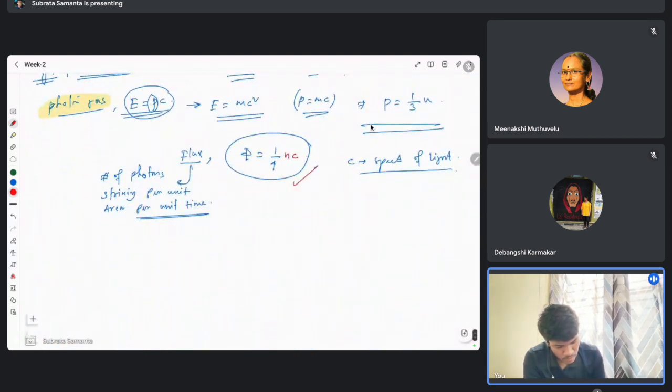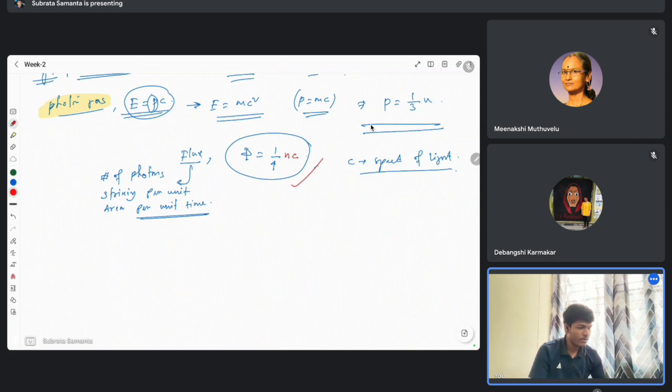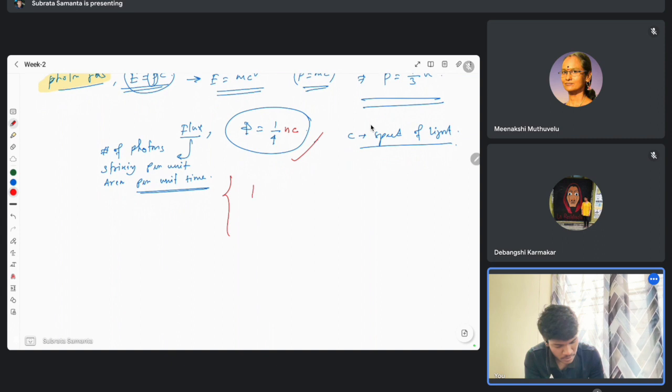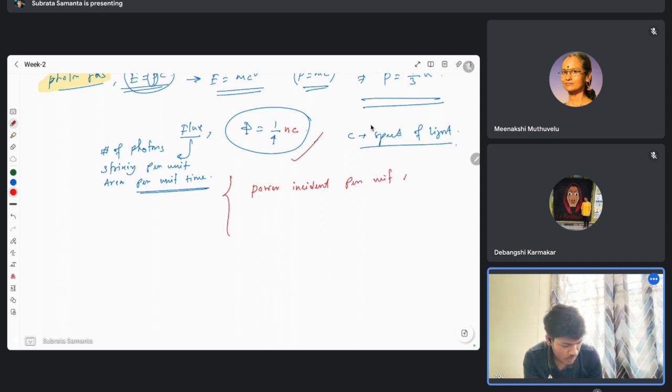So now this is a flux. Now we write the power incident per unit area of the cavity. So what is the power incident per unit area of the cavity?